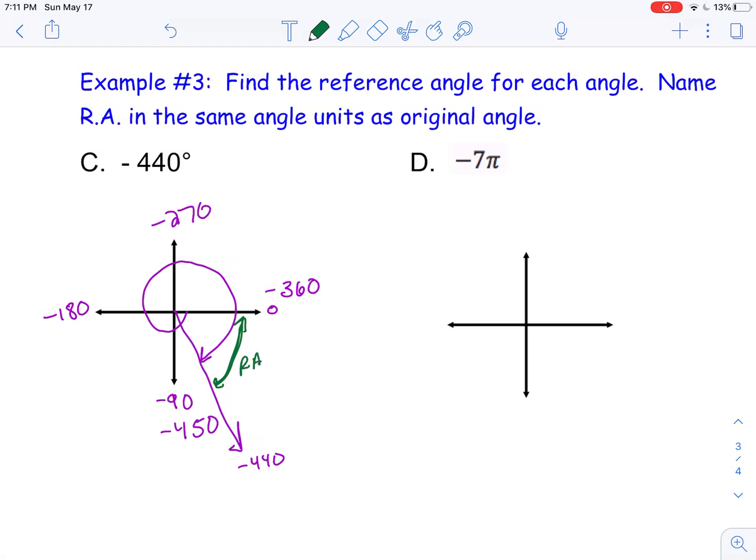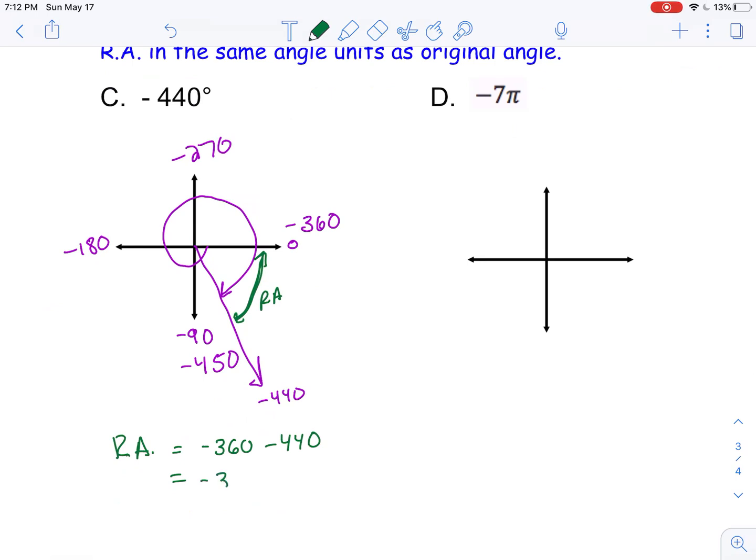My reference angle is always positive. So I really want to say, how far did I go from 360 to get to 440? I think about it as a distance. My reference angle here is going to be negative 360 minus negative 440, so negative 360 plus 440, which gives me 80.